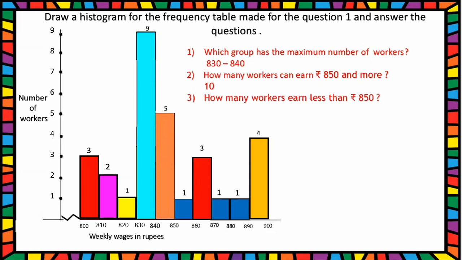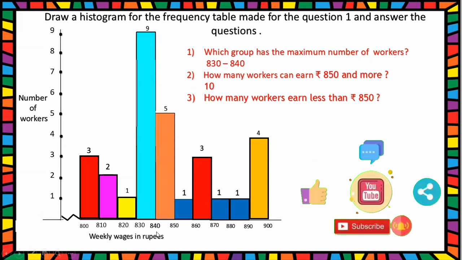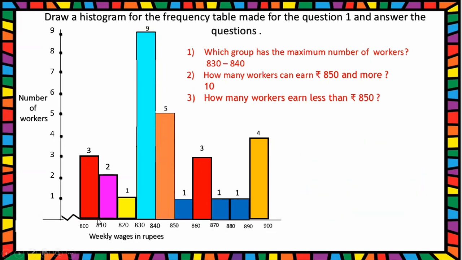Third question: how many workers earn less than rupees 850? Less than rupees 850 means you have to check 800 to 850. 800 to 810, 3.